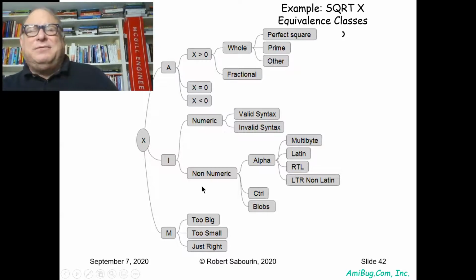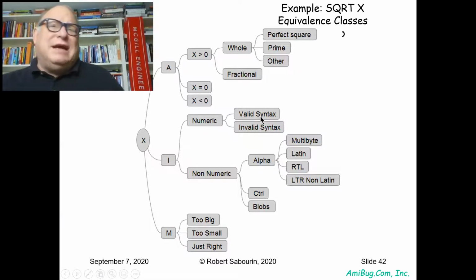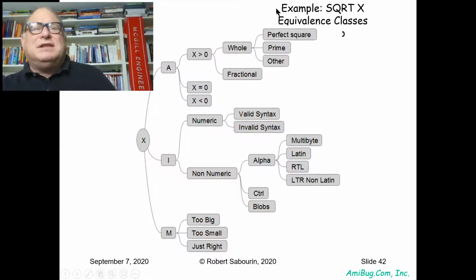And for the numeric valid, we don't really have to add a test because all of the tests we did for the A classes were valid numeric syntax, so we don't have to do an additional one. And then we have the non-numeric ones with alpha, with the 4 codings. There's 1, 2, 3, 4 there. The control 1, 5, the blob 1, 6. So we have about 6 tests for the non-numeric and 1 for the numeric that come from this. So about 7 tests added for what I call the input classes, the I classes.